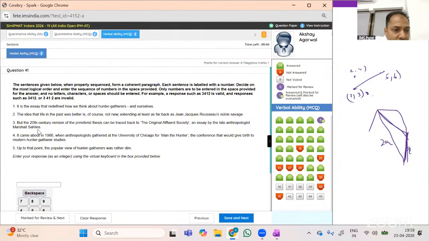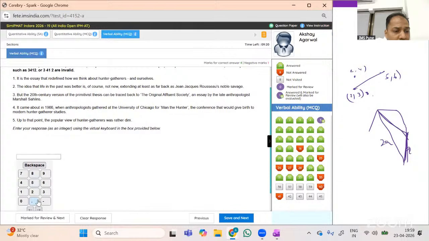Okay, the essay is here. It is the essay that we define. So the idea that life in the past was better is of course now savage. So I think two should come first.